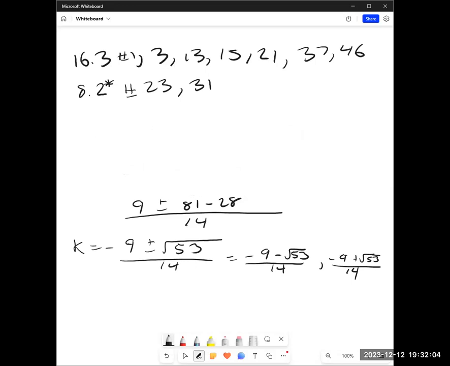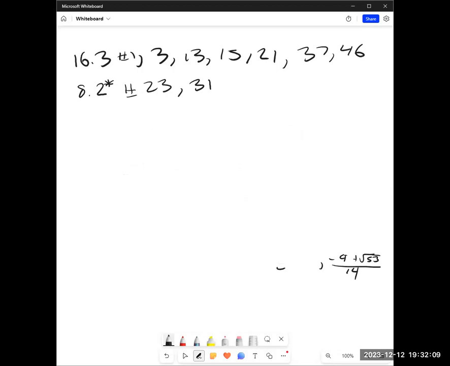This is one of the techniques that we like to use when factoring isn't extremely obvious to us.